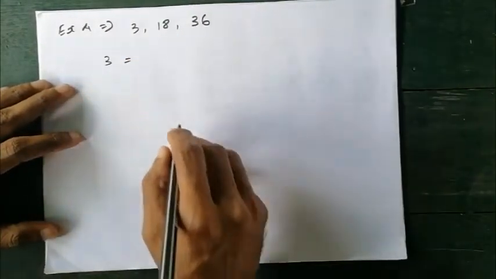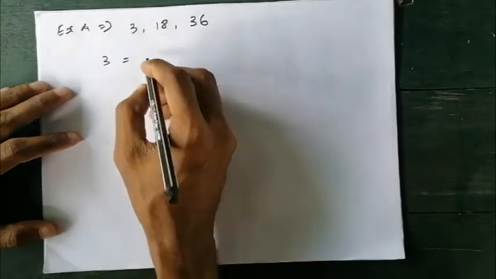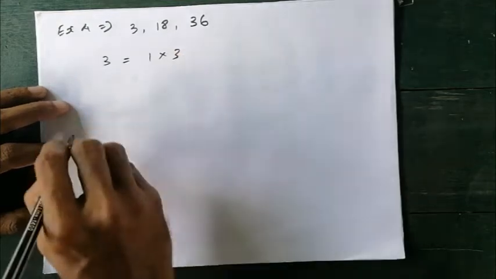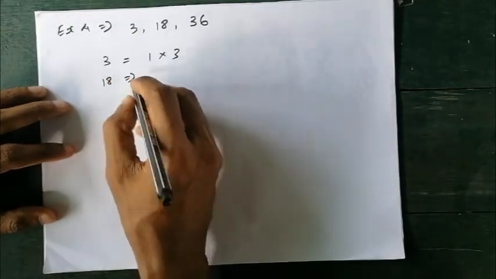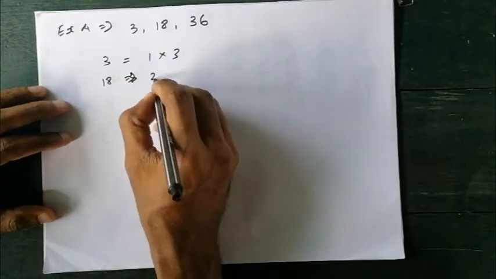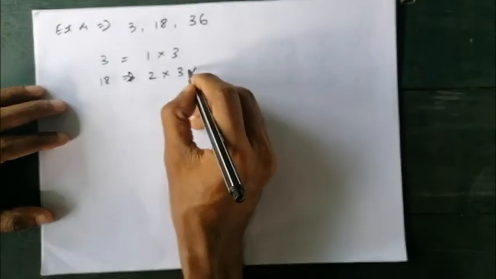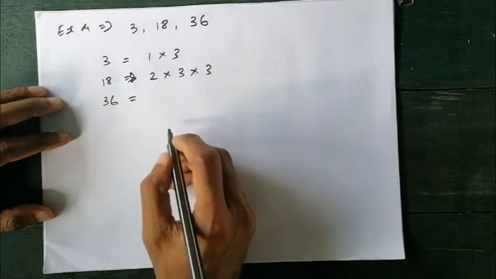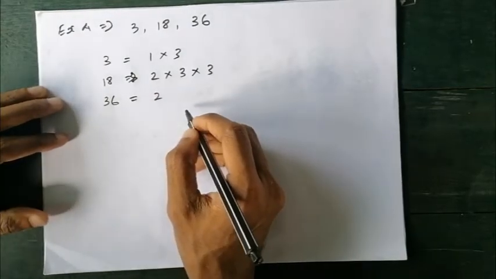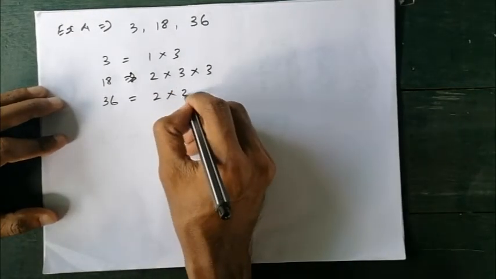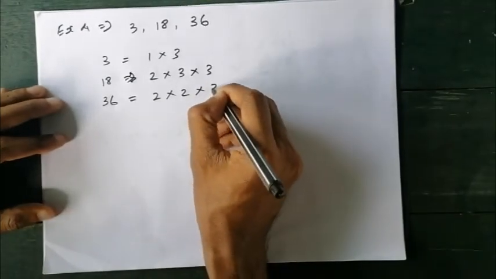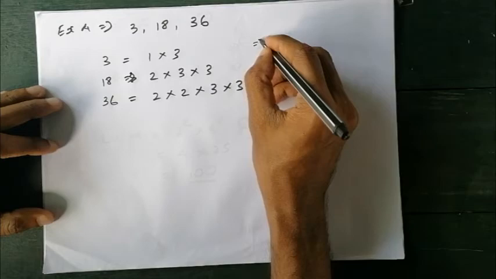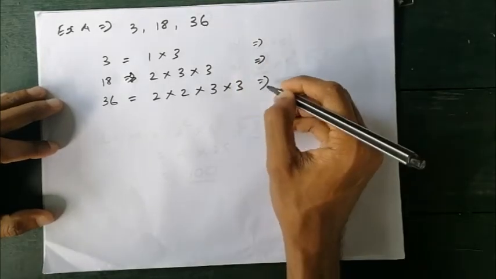First step, write with the prime factors. 3 means it's 1 into 3. 18 means divided by 2 it's 9, then 3, 3. 36 divided by 2 it's 18, then divided by 2 it's 9, then 3, 3.